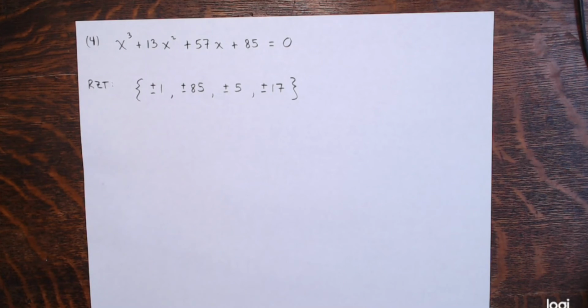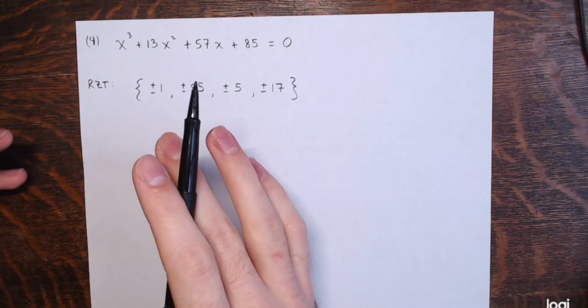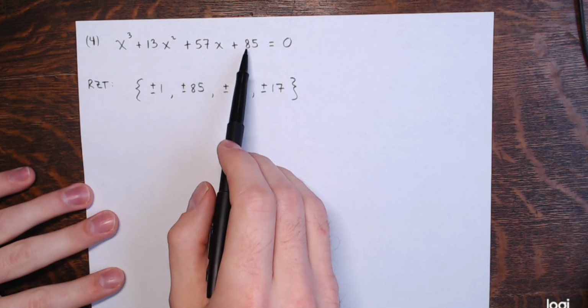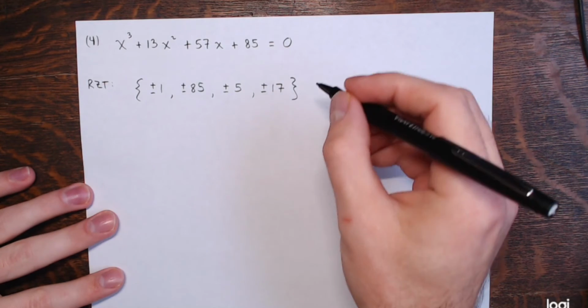Now here's the nice thing though. Sorry, 8 numbers to check, but really there's only 4 numbers to check. This is just an observation I'm making. See how all the coefficients are positive? So a positive number is not going to work here. I'll just write that off to the side.